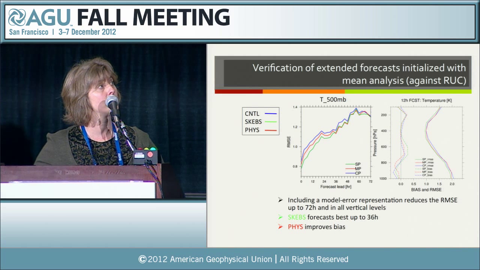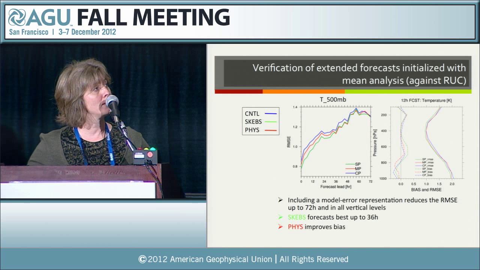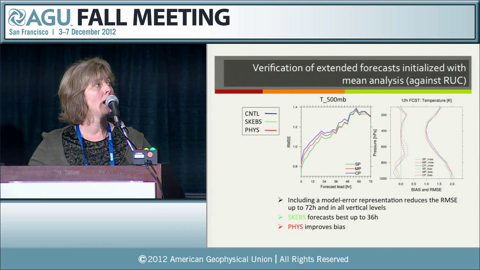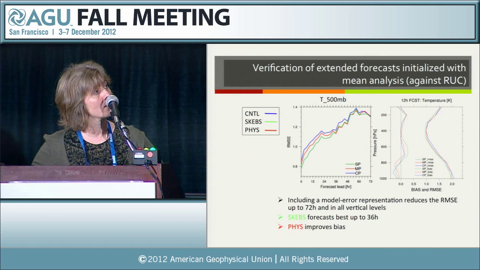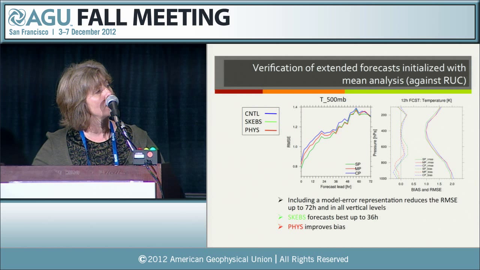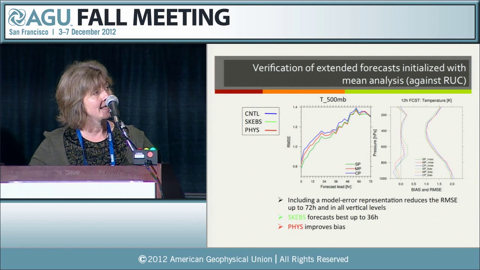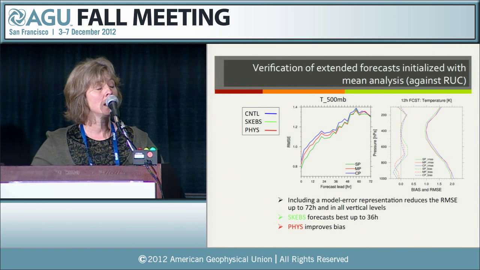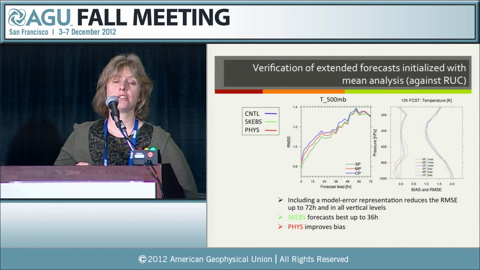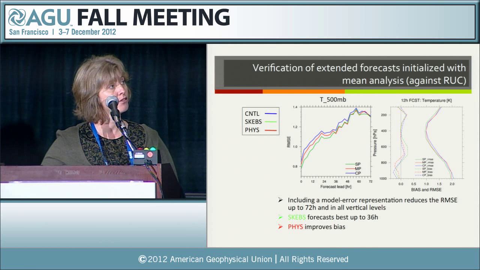This is for temperature at 500 hectopascal. And this is the RMS error, and we see that the smallest error here is, again, with the SCAP scheme up to 36 hours. Those are just vertical profiles of RMS error and, in this particular case, bias of the 3 experiments, just to show you that this is not just near the surface. It's really a result we see throughout the free atmosphere.